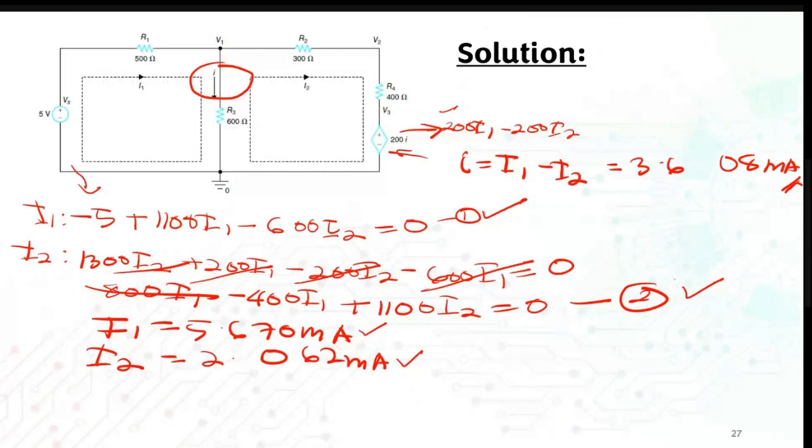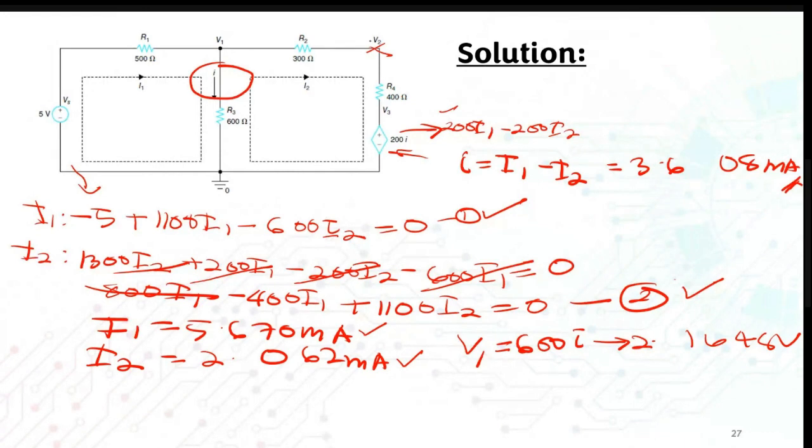So what you can do is that V1 is actually equal to 600 times I. So you can get your answer, which is I guess 2.1648 volts.